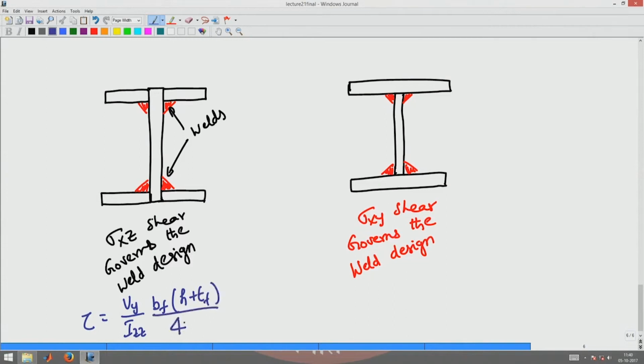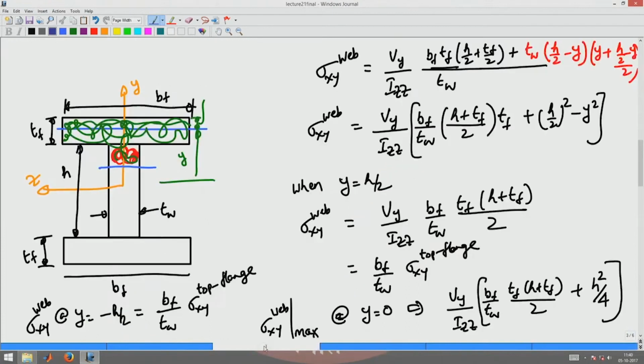That is the shear stress that the weld should resist, whereas here the shear stress that this weld should resist is given by this expression: maximum shear stress at the web flange interface is Bf by Tf into sigma xy of the top flange, or Vy by Izz into Bf by Tw into Tf into H plus Tf by 2.